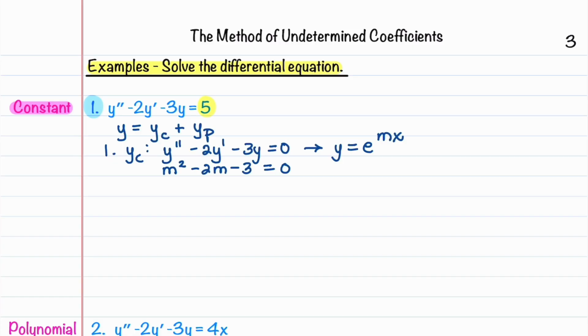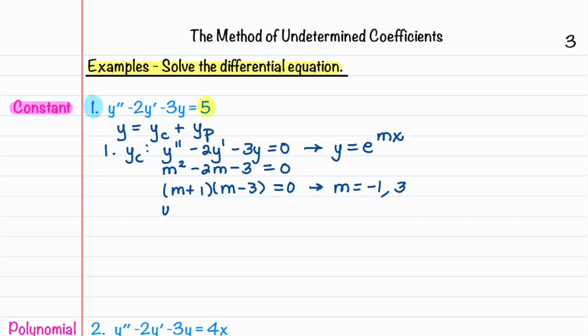is equal to 0. I have a video on solving homogeneous equations just like this if you need to review that. Let's see. We can factor this. It factors as m plus 1 and m minus 3. And that gives us that m is equal to minus 1 and it's equal to 3.